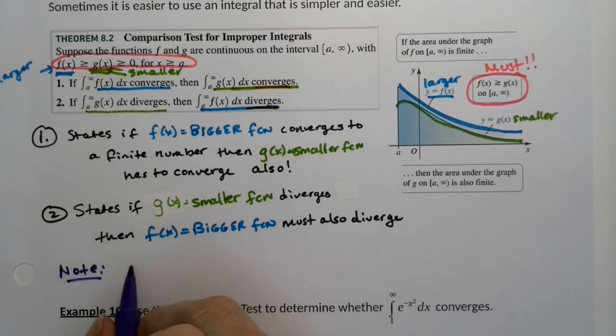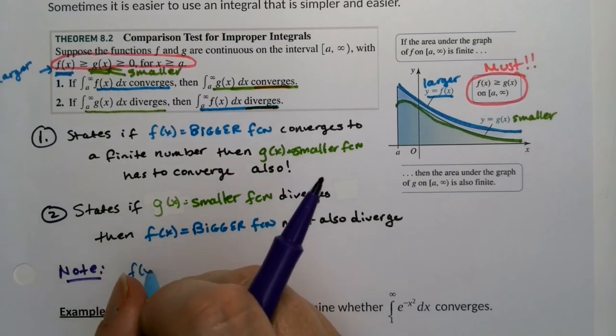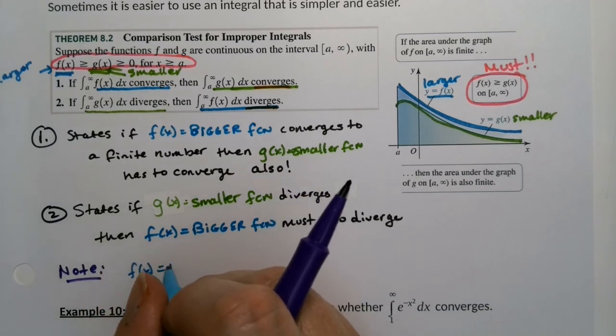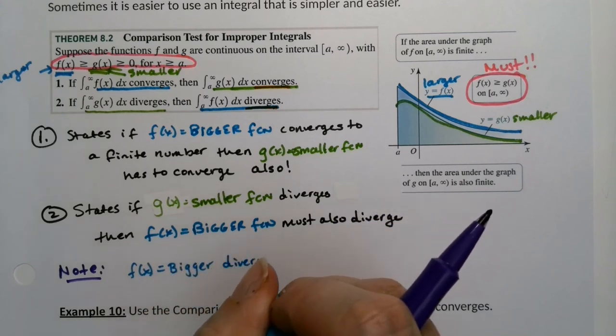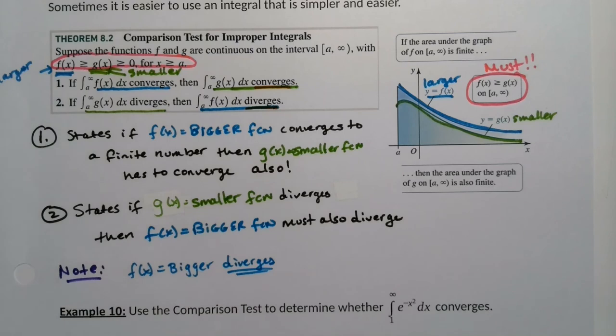If the bigger function diverges, we don't know what the smaller function does.